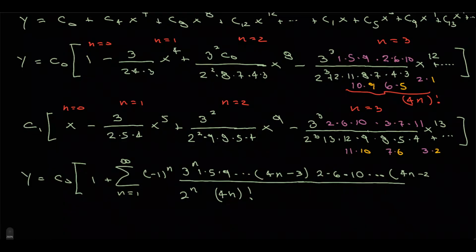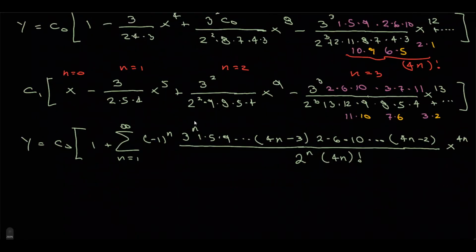For n equals 2, 4 times 2 equals 8 minus 2, that equals 6, and it works. And that's x to the 4n. Let me write this more in the center. That's 2 to the n, 4n factorial. Keep in mind that the parentheses matter.